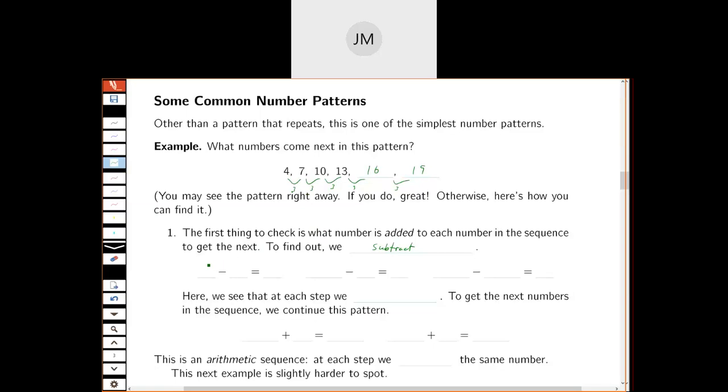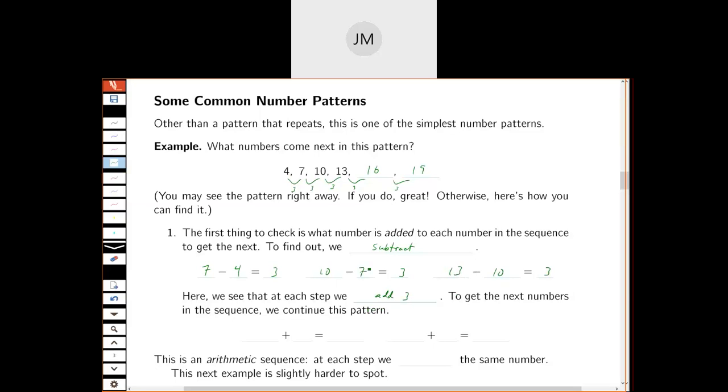You'd say, I'm going to take 7 minus 4, and I get 3. Then I look at the next pair, right? 10 minus 7 gives me 3. 13 minus 10 gives me 3. So we see at each step, we add 3 to get the next numbers in the sequence.